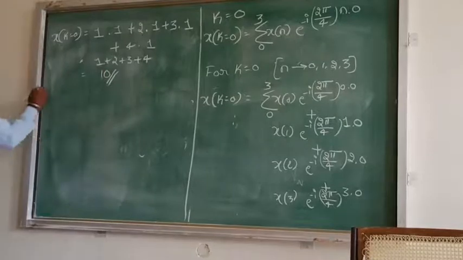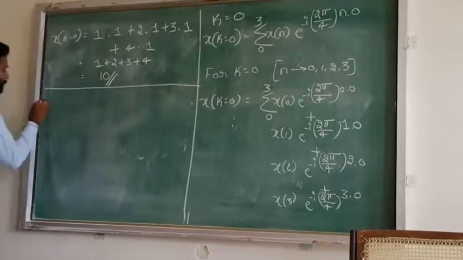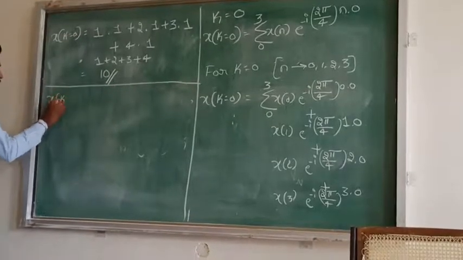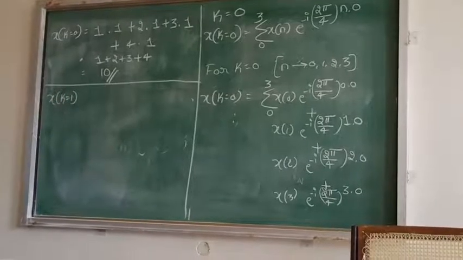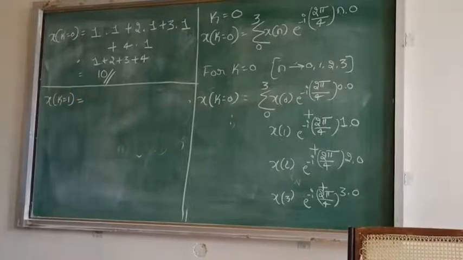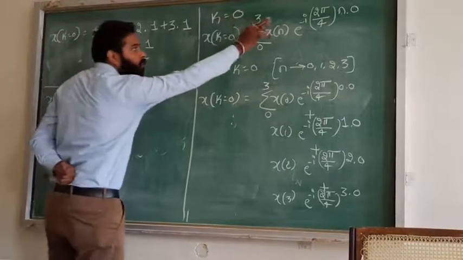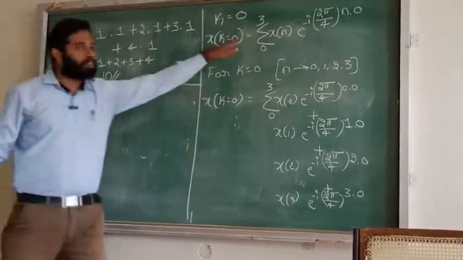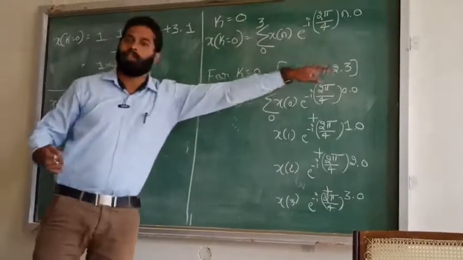Next we go for x at k is equal to 1. That's equal to. Now first we write the general equation, and then we put n is equal to 0.